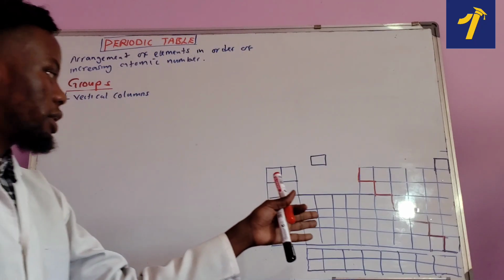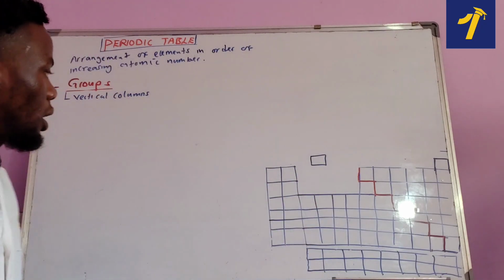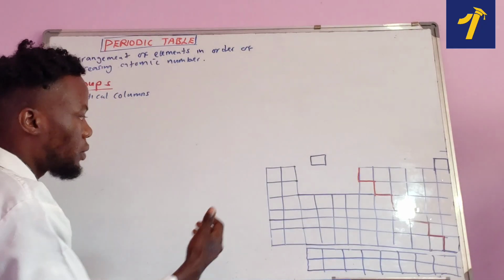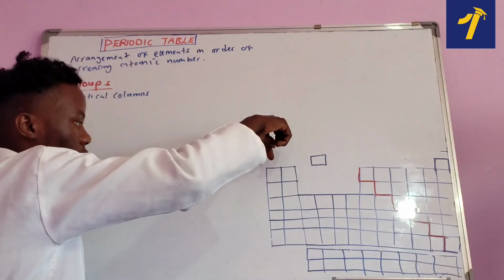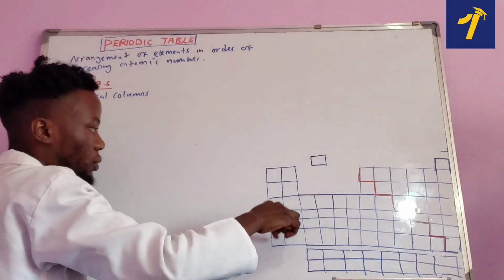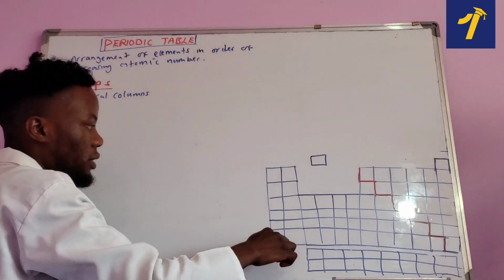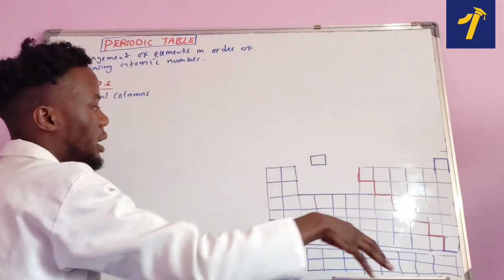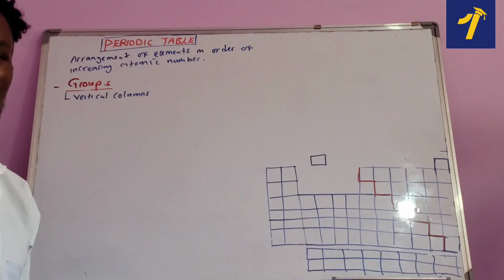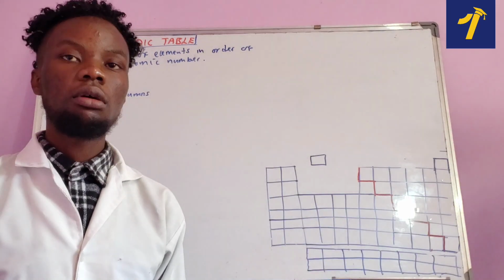So if you come here to this periodic table, when we are talking about the groups we are talking about these vertical columns. As you can see, I'm coming from here then going downward. This column is the first group, then this is the second group, and that is the other groups, and like that. So the groups are the vertical columns.